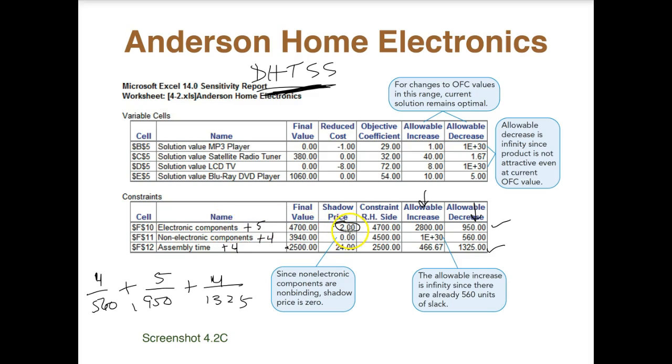So we're saying $2 per each additional 5 units. Here we have no shadow price because we had some slack for the non-electronic components. And we have a $24 shadow price, or $24 in increase or decrease in profit based upon how many assembly hours we change. And we're increasing this by 4, so we need 4 times the 24. So let's go back to where we were.